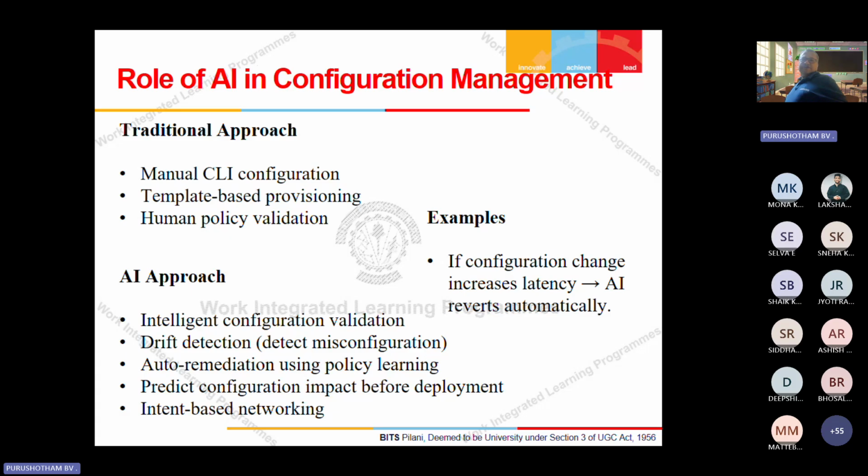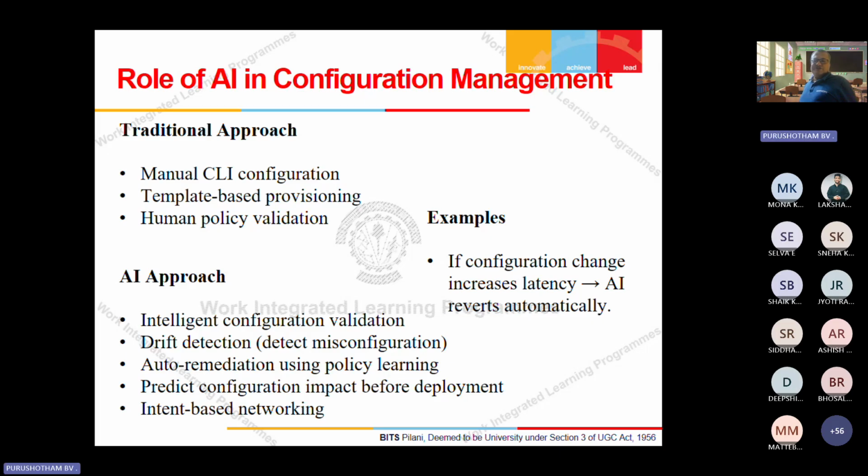Second one is configuration management. The traditional approach includes manually configuring with the command line interface by providing commands, template-based provisioning, and human policy validations. But AI brings intelligent configuration validation and drift detection, to detect misconfigurations, which is very important.